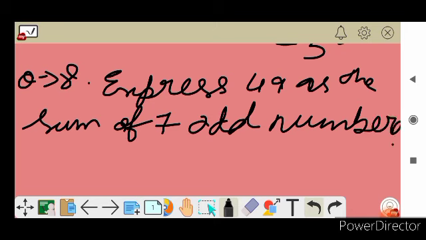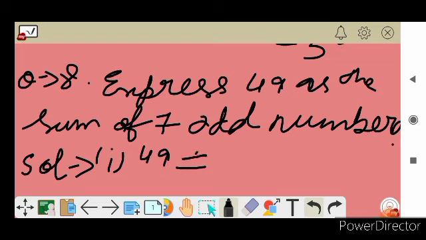7 odd numbers means we will use 7 odd numbers in the sum of 49 to express this. Okay, so we will write here the solution of the first part, 49, because the question has two parts, A and B, or first and second.